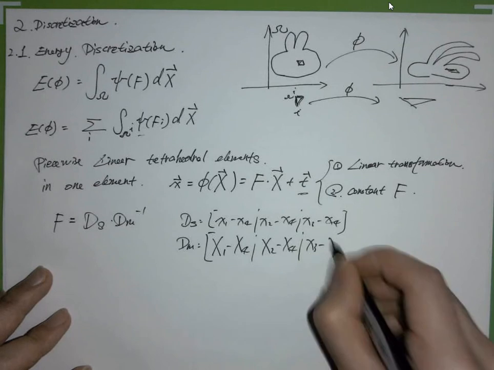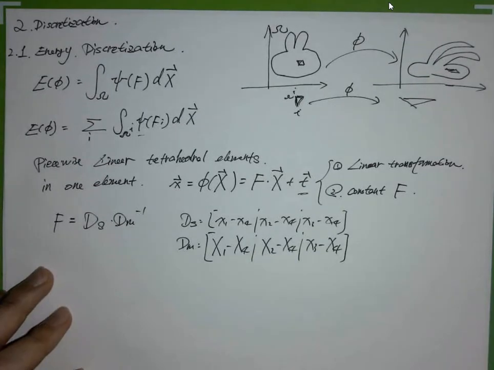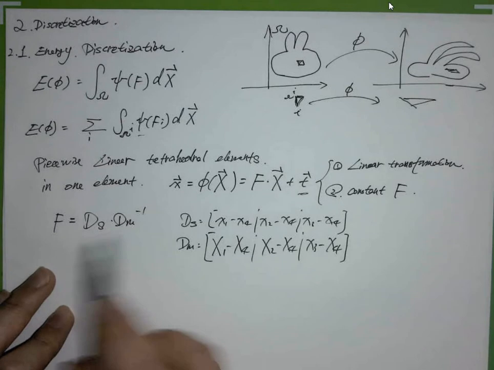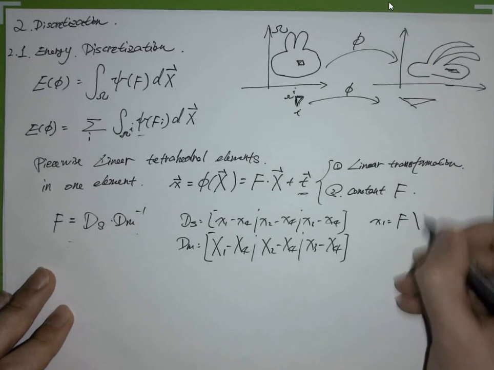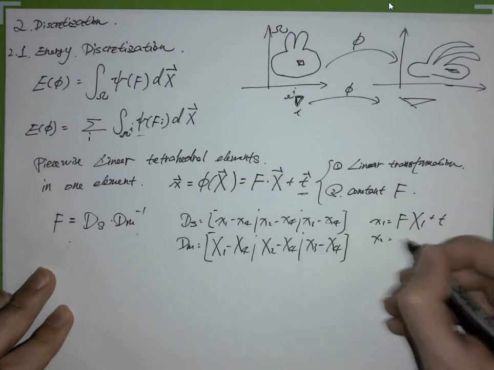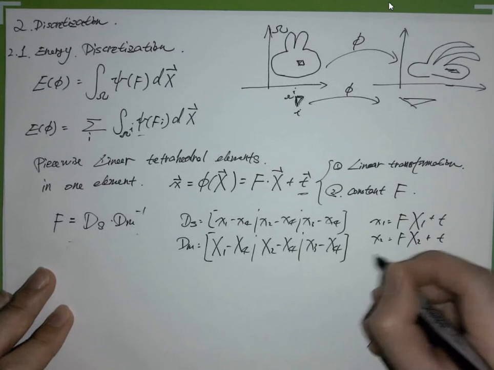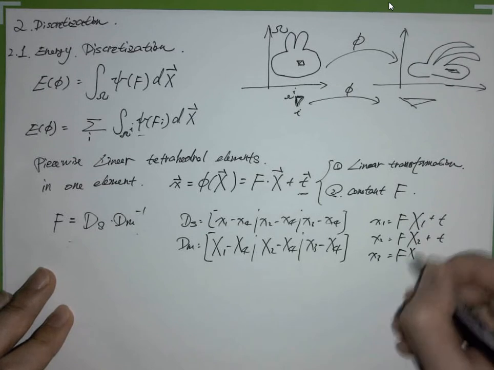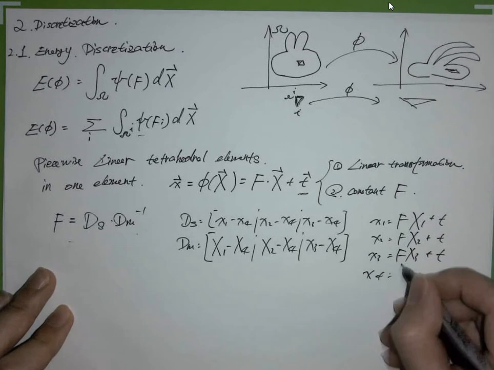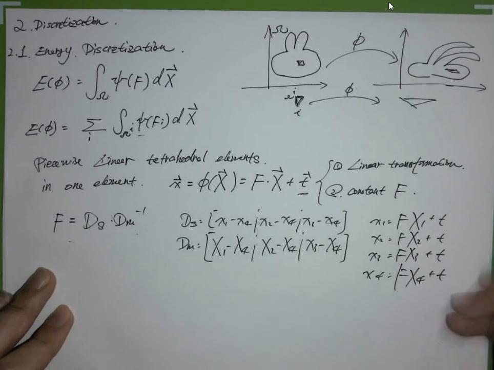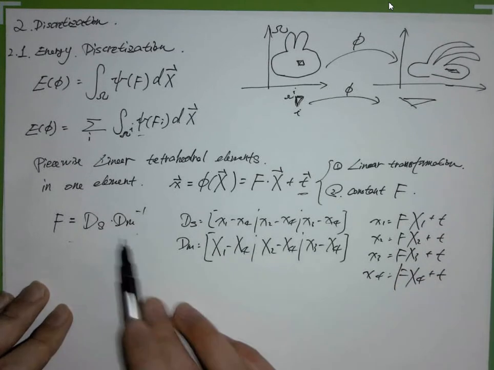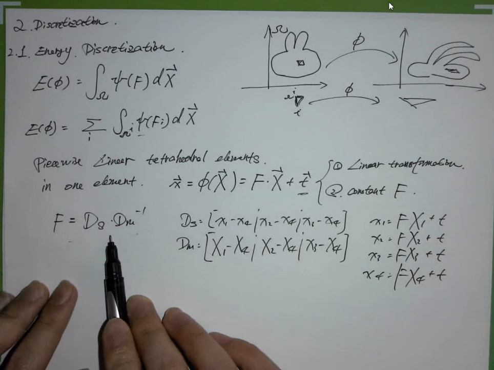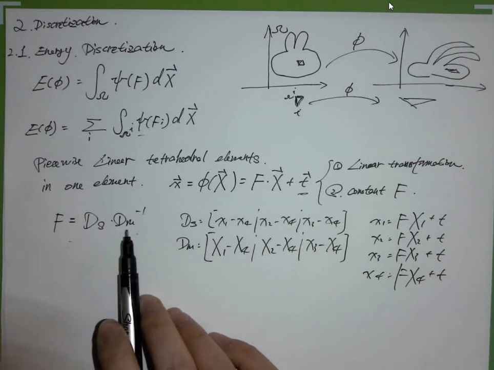Do you still remember how we get this one? You can just write down x1 equals F X1 plus t, x2 equals F X2 plus t, x3 equals F X3 plus t, x4 equals F X4 plus t, subtract the last equation from the first three, and represent it in matrix form, and then we directly get this one. It's already under this piecewise linear tetrahedron element assumption.